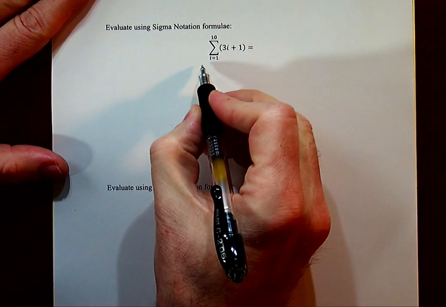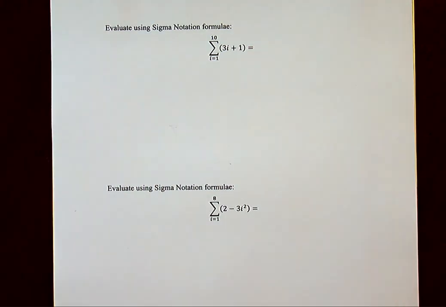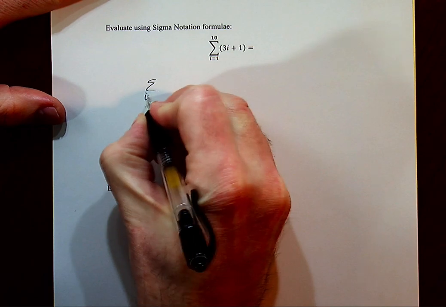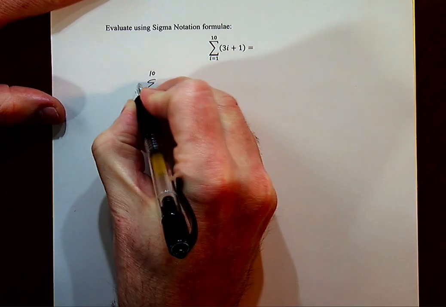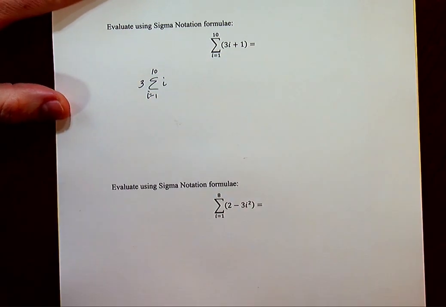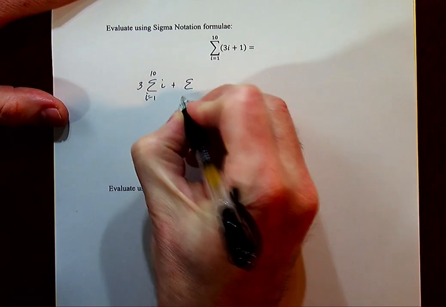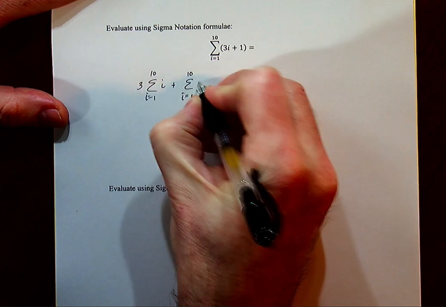Now, this one right here has two terms, so it needs to be split apart. We have i equals 1 to 10. The 3 comes out. We want to just leave the i in terms of the sigma notation. And then the sum from i equals 1 to 10 of just 1.